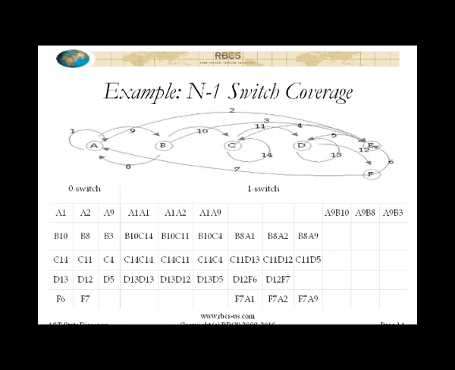Now, Chow did something else weird, which was instead of referring to switches as the number of transitions, he subtracted one. So if you're going to cover all transitions of length 1, then that's called zero switch coverage. Why? That's what Chow said. That's why he called it zero switch.